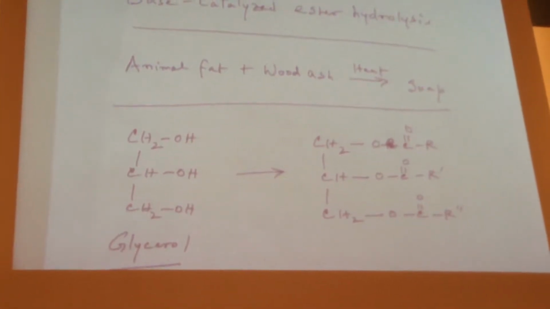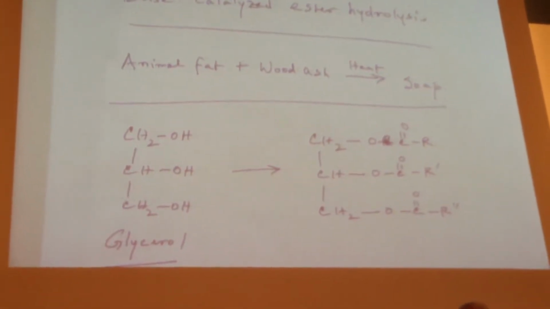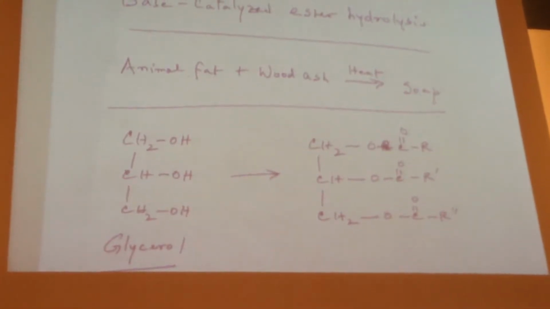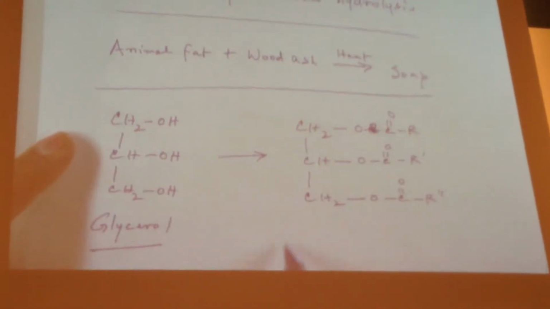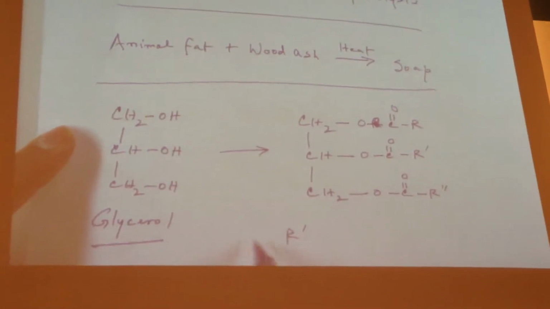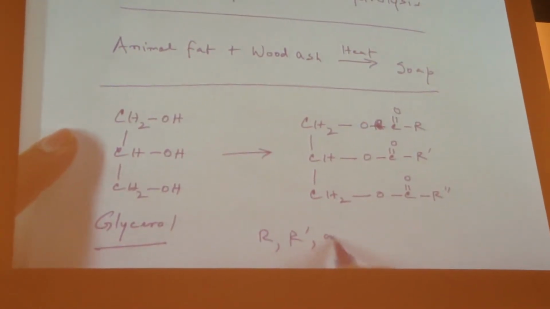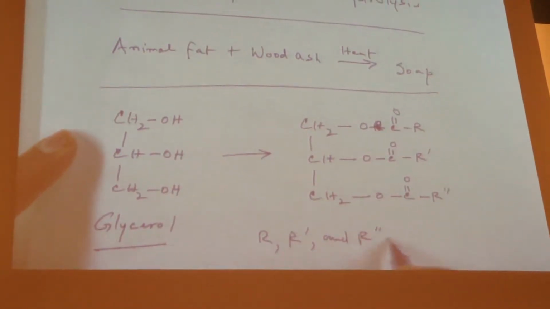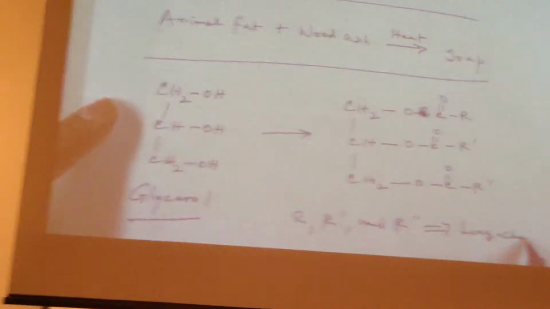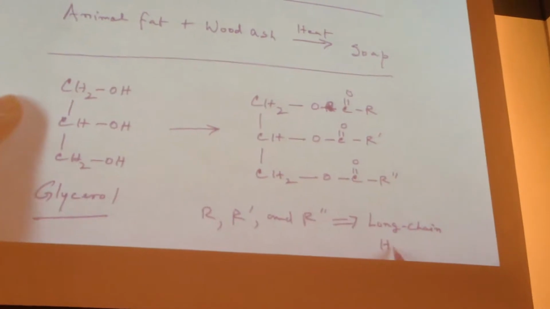But typically the R groups here are very, very long chain hydrocarbons. So R, R prime, and R double prime are long chain hydrocarbons.